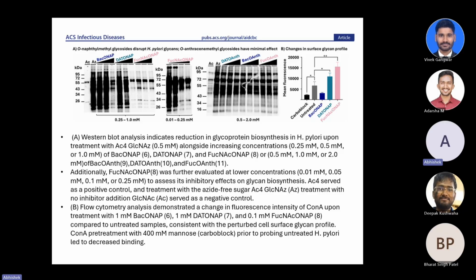So what he did is that by taking this FUC NAC O-Naphthyl, by lowering the concentration 0.01 to 0.25, he did again experiment.